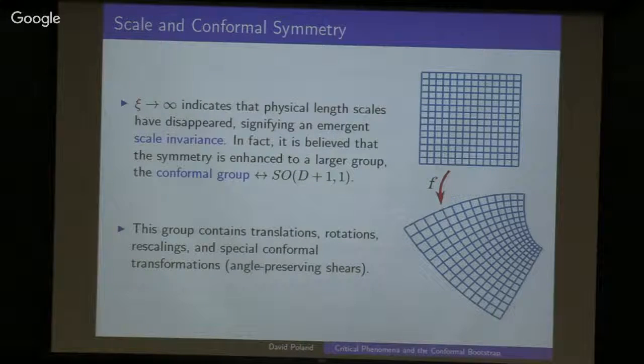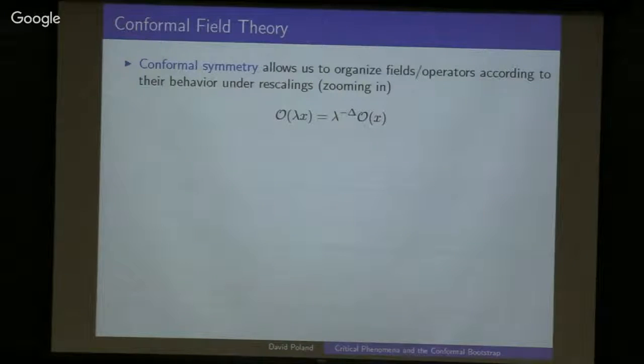Okay, so if critical points have this big enhanced symmetry, the conformal symmetry, described by the conformal group, what does that imply for the physics of the critical points? Well, it does many things for you. Okay, so first of all, having conformal symmetry allows you to start organizing all the fields or operators in your theory according to how they transform under zooming in and out.